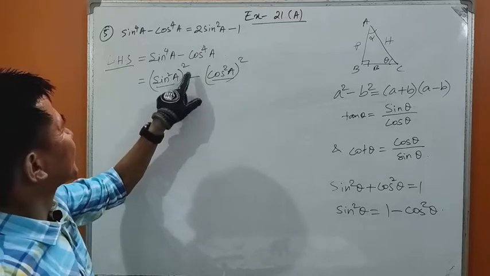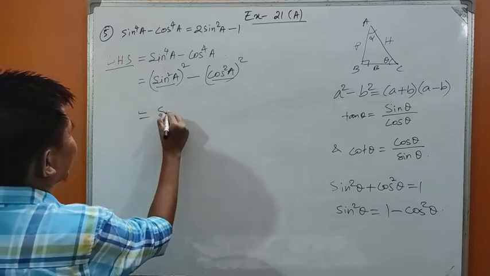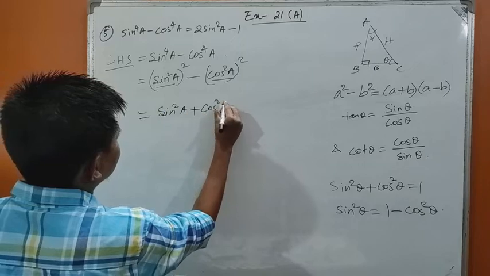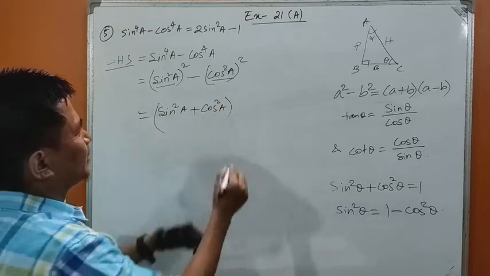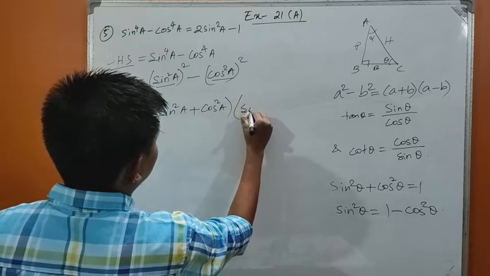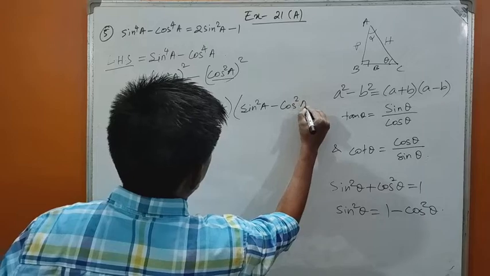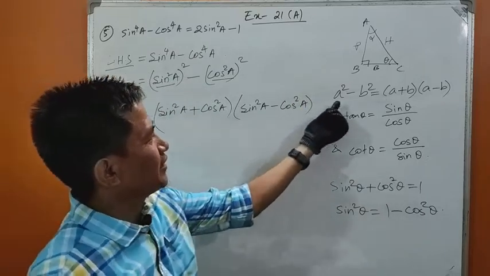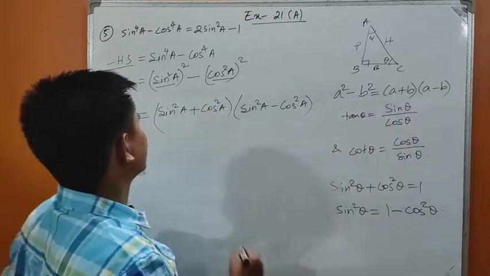So a square minus b square equals a plus b, a minus b.